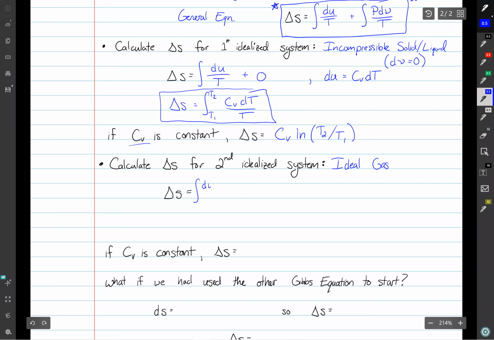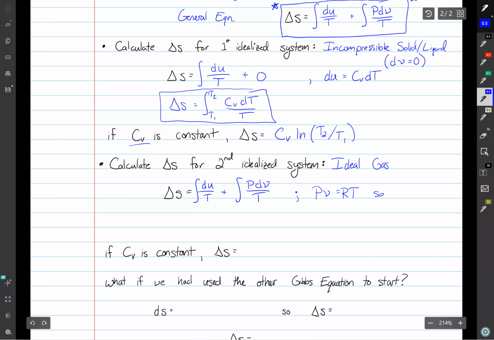So the integral of du over T plus the integral of P dV over T. Make it a little bit more explicit that I'm doing a V. We know from the ideal gas law that PV equals RT.